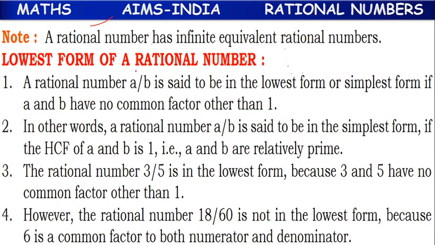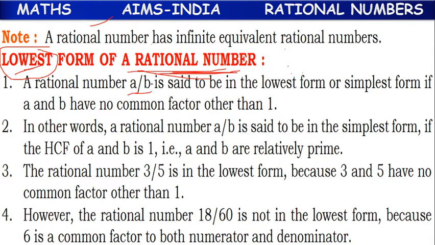Next. But a rational number is always to be expressed in its lowest form. Whatever rational number they have given in the question or we have taken, it should first be altered into lowest form. What is the lowest form of a rational number?